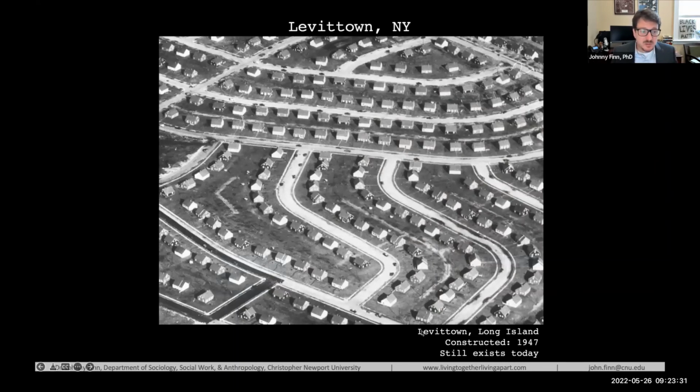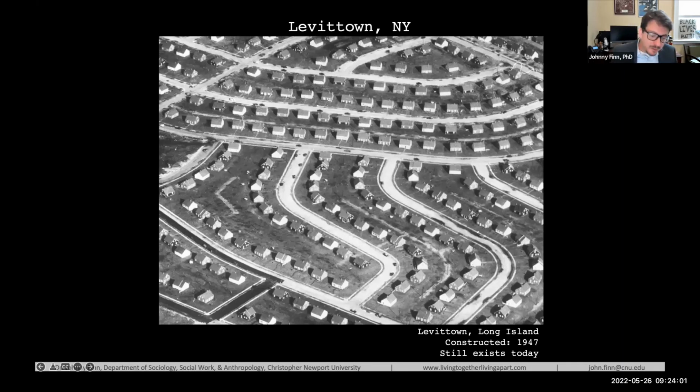Homes in Levittown, when Levittown was built in 1947, each cost about twice national median income, and today those homes are worth more than 10 times national median income. So in the 1940s and 1950s, these suburban homes were affordable to working class folks, but only white working class folks were allowed to buy them.